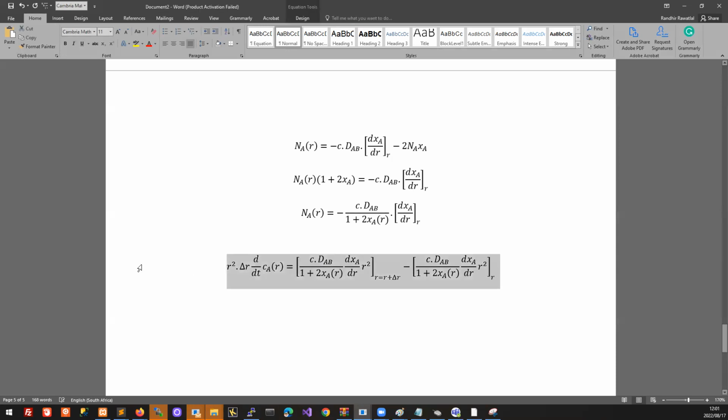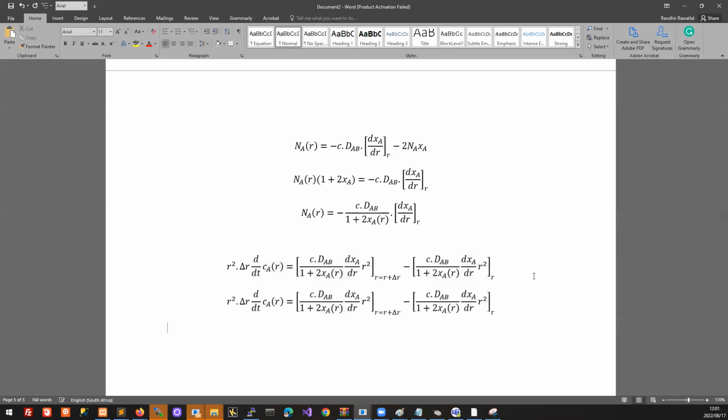And now what we can do is divide by delta R, so dividing by delta R on both sides.